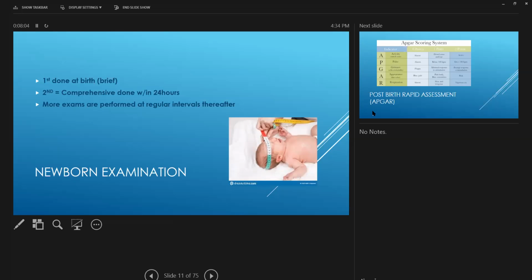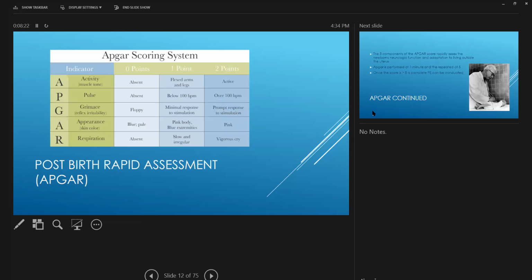When we're assessing a newborn, we're going to do a very brief APGAR score at 1 and then again at 5 minutes. And then the second full physical exam is done within about 24 hours of birth. And then obviously they're going to have exams thereafter at regular intervals.